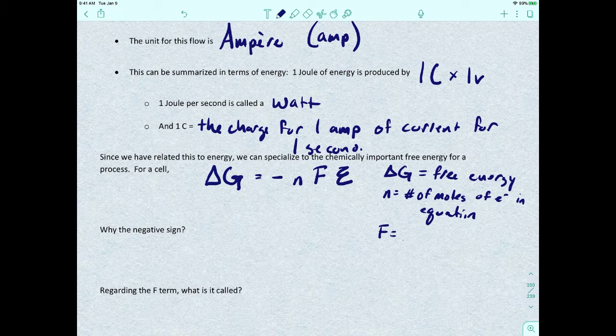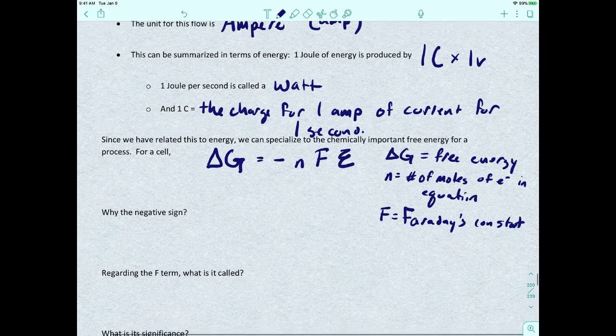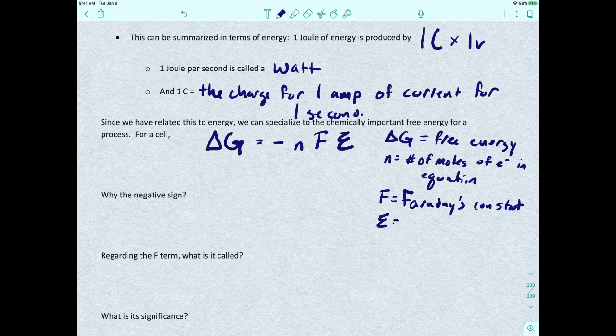F is going to be called Faraday's constant. We'll get into that in a minute. And then E is going to be the voltage, measured in volts. This is electromotive force, or EMF.